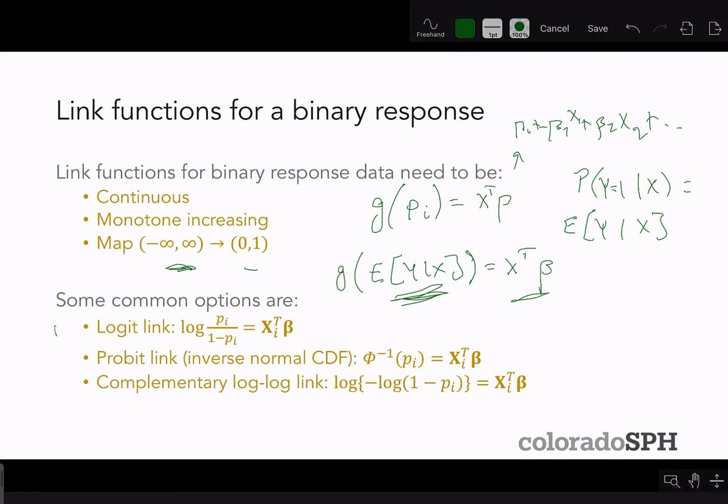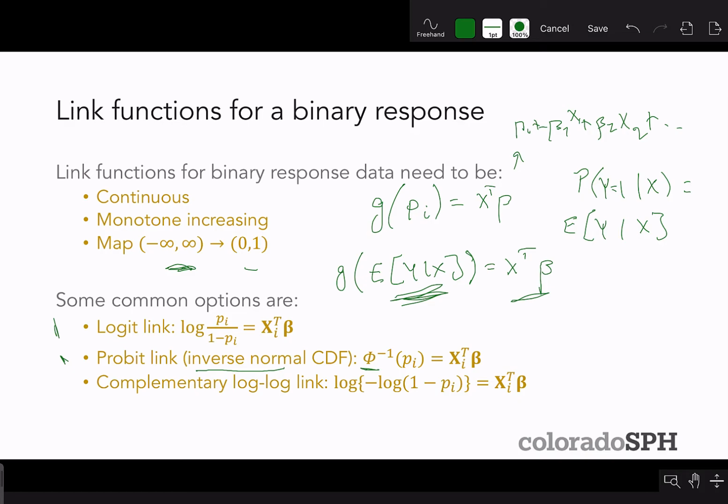So the common options are the logit link, which you've seen before. Also, probit link is another common one, which is the inverse normal CDF, and we write that link function as capital phi inverse of pi, where capital Phi is the CDF of the standard normal distribution.